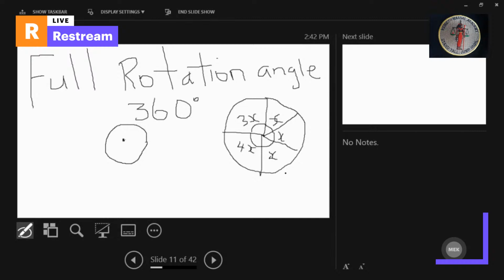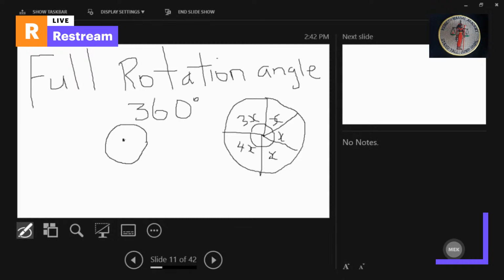So write a comment and tell me how would you go about working out each of those angles, based on what we've said about the full rotation angle. How would you approach a question like that?